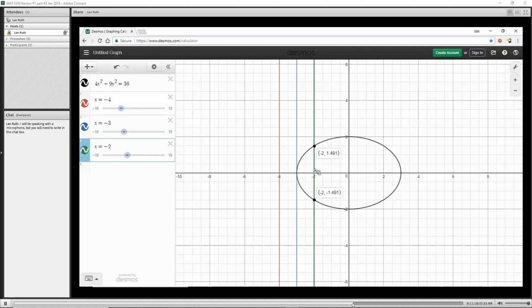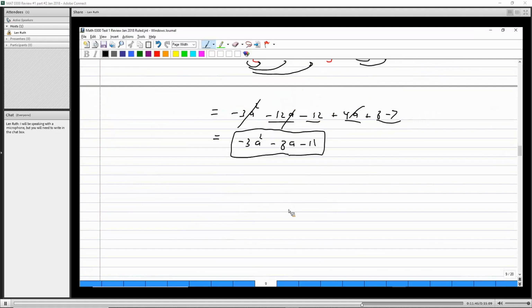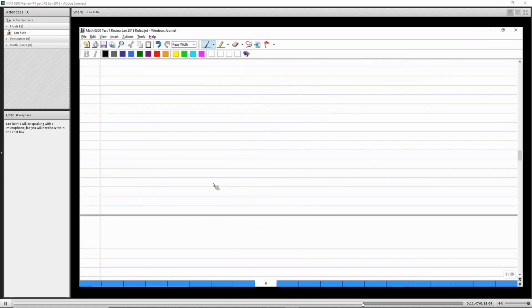Because this vertical line represents an input. It represents an input of minus 2. These 2 points tell you the corresponding outputs. You plug minus 2 into this thing, it's spitting out negative 1.491, and it's spitting out positive 1.491. So it's like you have one input, minus 2, it's going 2 different places.